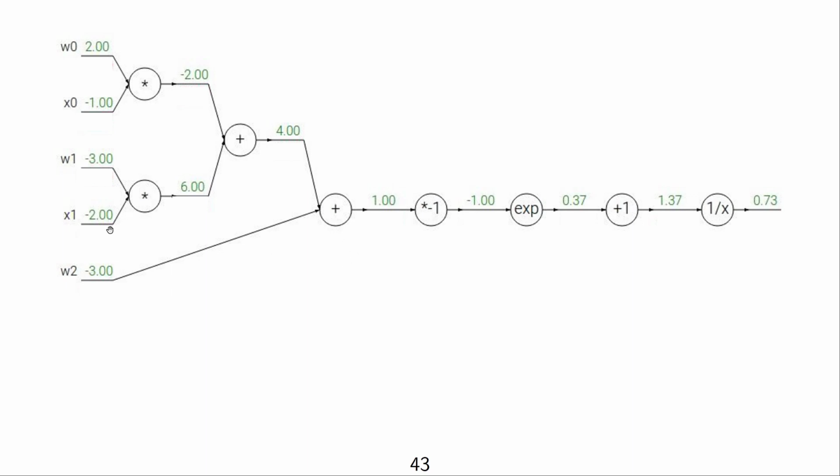First, we should be able to convince ourselves that this computation is indeed true. 2 times -1 is -2. Let's just check. -2 times -2 plus 6 is 4. That looks correct. And then 1 times -1 is -1. 1.37. 1 divided by x, 0.73.